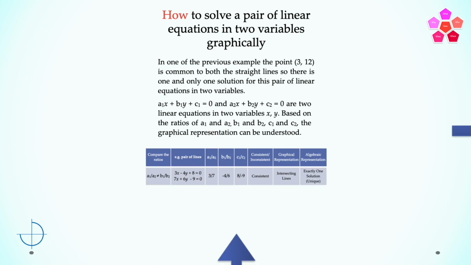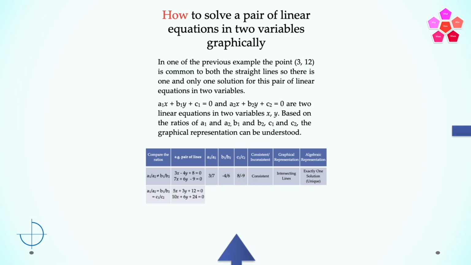Let's talk about the second scenario. a1 by a2 is equal to b1 by b2 is equal to c1 by c2. In this scenario, the example that we have taken is 5x plus 3y plus 12 is equal to 0 and 10x plus 6y plus 24 is equal to 0.